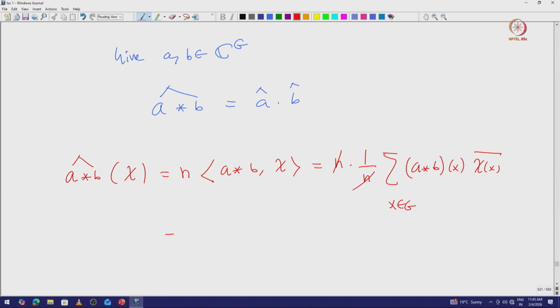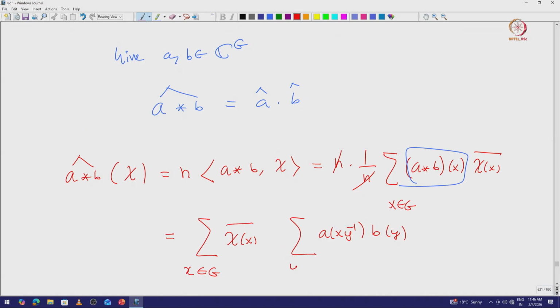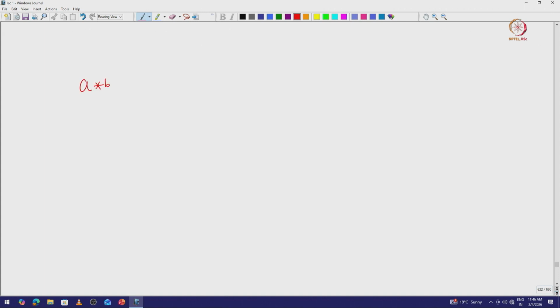So, n gets cancelled. Now, if we use the definition of the convolution product, this is exactly equal to the summation over x in G of chi of x bar, where we replace A star B of x by the summation over y in G of A of x y inverse times B of y. Simplifying, the Fourier transform of A star B at chi is equal to the summation over y in G of B of y, and then the summation over x in G of A of x y inverse times chi of x bar.